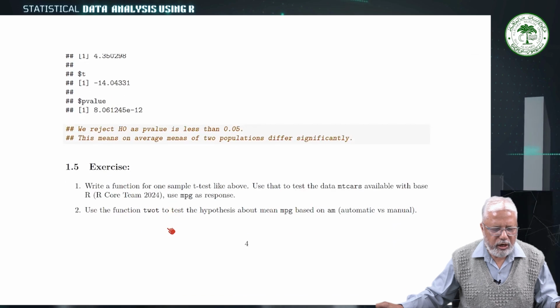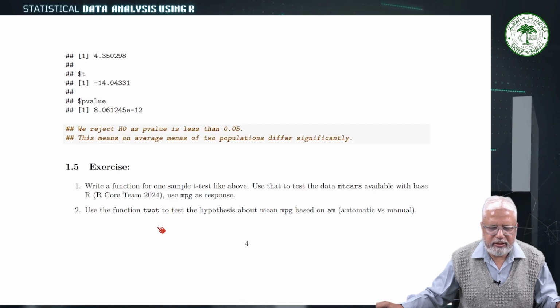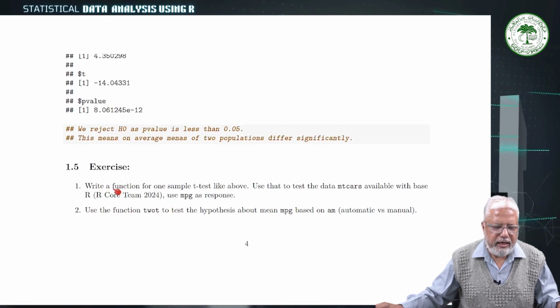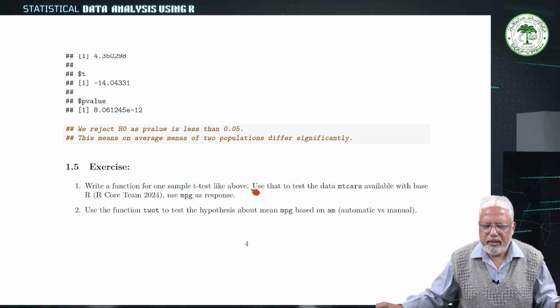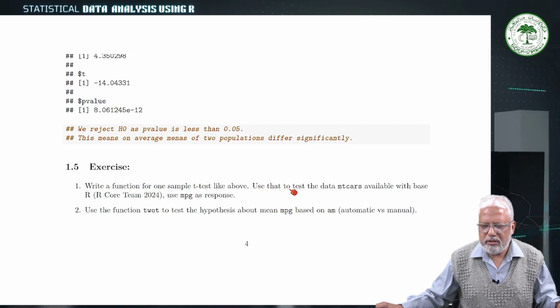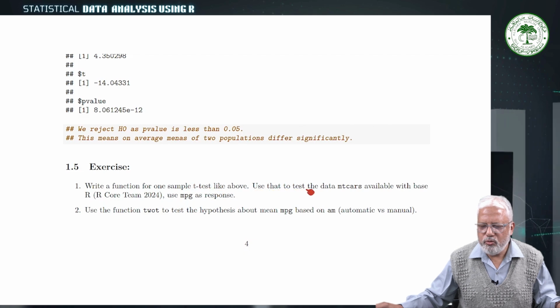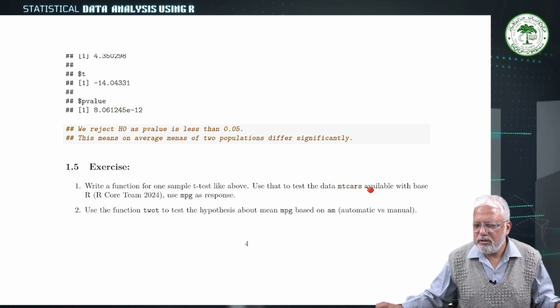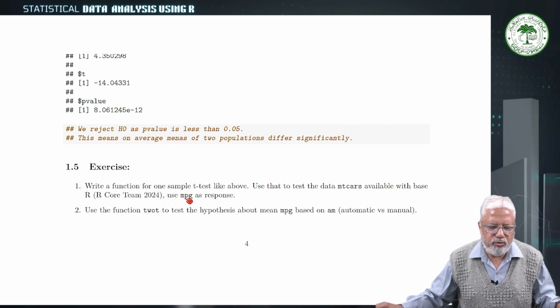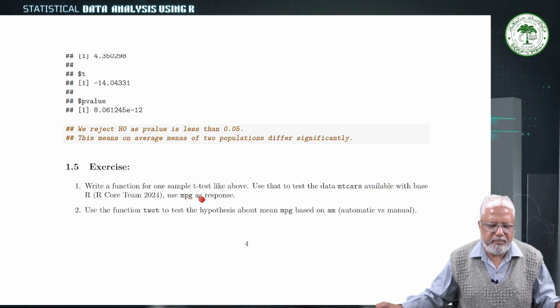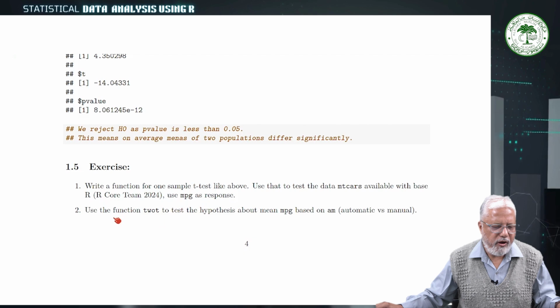So now I have talked about certain exercises. Write a function for a one sample t-test like above. Use the test on the data mtcars available with the base R package. Use mpg, miles per gallon, as the response.